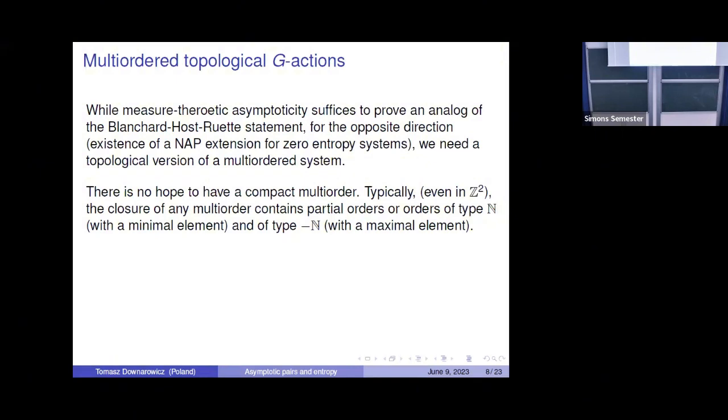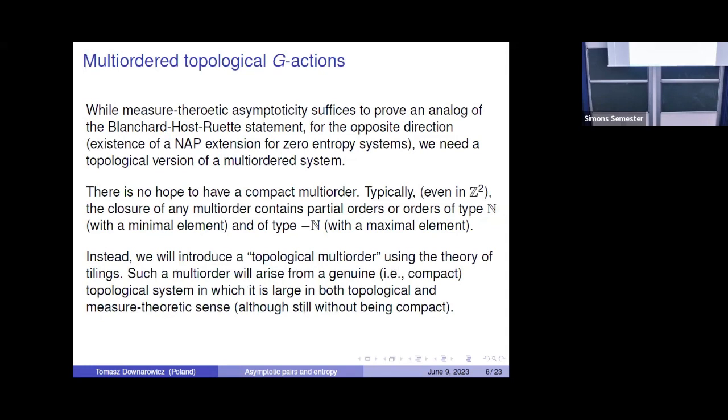So if you take the closure of a typical multi-order, it's going to contain some objects which are not orders of type Z. There will be orders of type N or of type -N, or maybe even partial orders. So there is little hope to get something like a closed compact system, which is a multi-order.